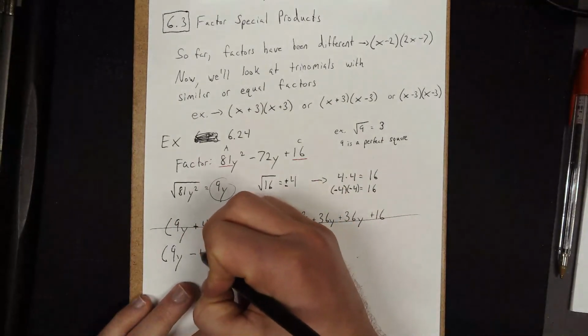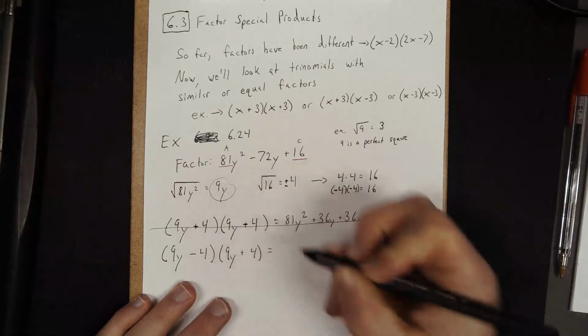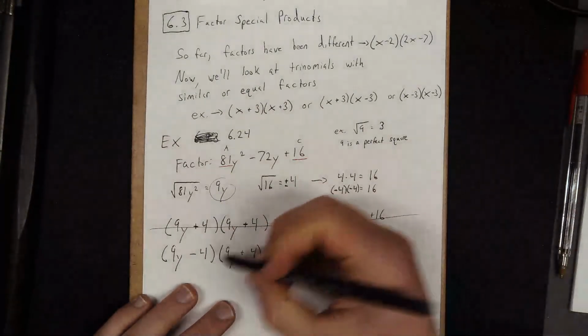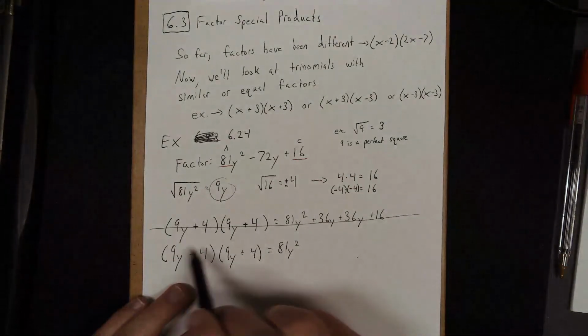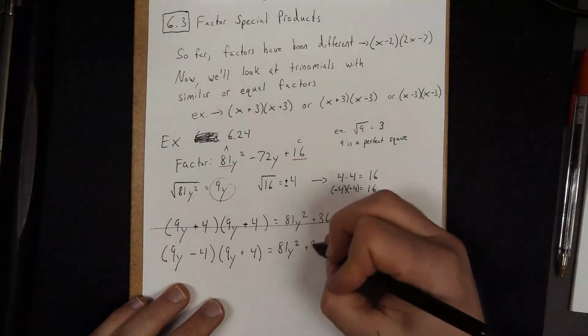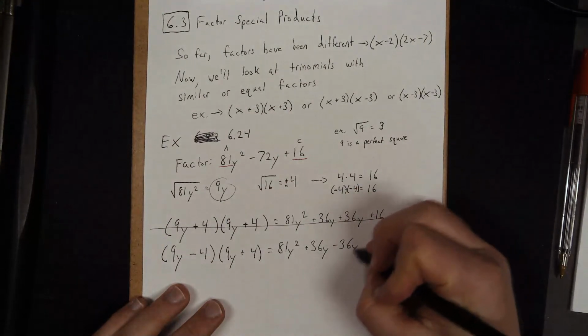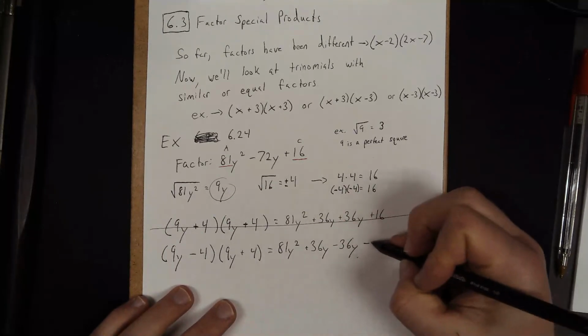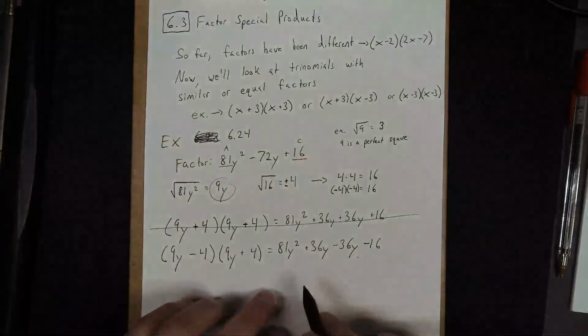But you could try this one. If we multiply this out, we get 81y squared, but then we get plus 36y and minus 36y and minus 16. Now, a whole lot of that does not match up with our original equation.